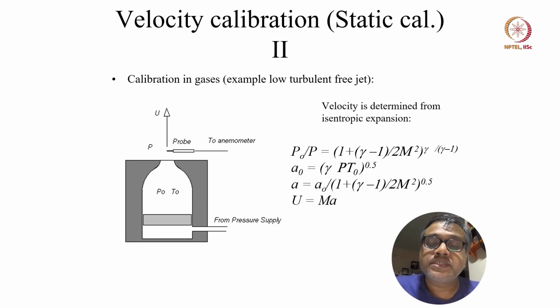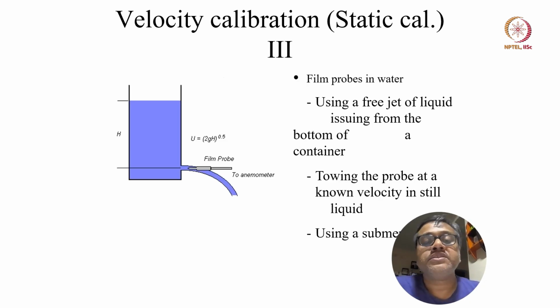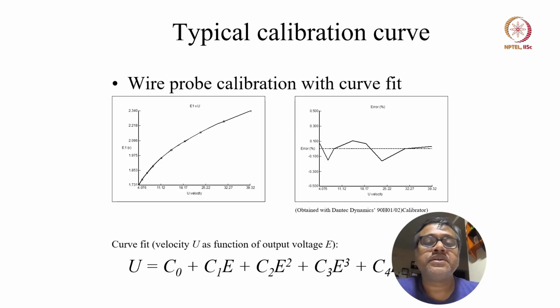This is just a calibration that you require to fix your constants. For example, for film probes in water, this uses a free jet issuing from the bottom of a container and towing the probe at a known velocity in still liquid. This is another way of calibrating it.